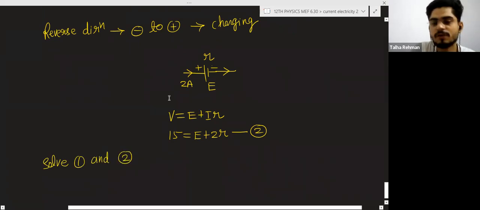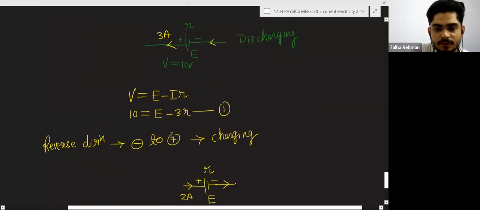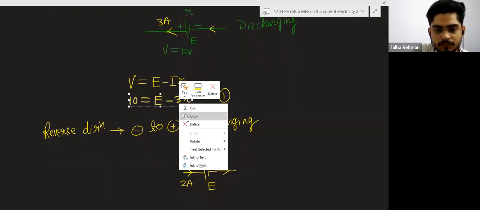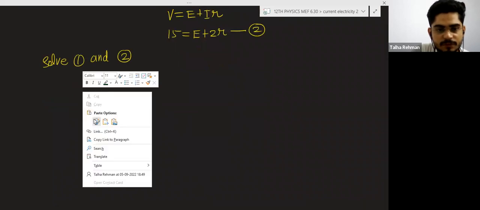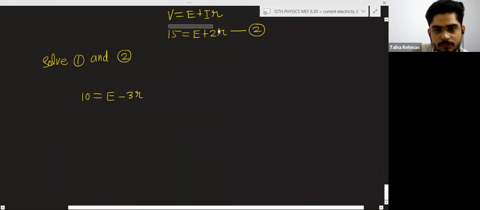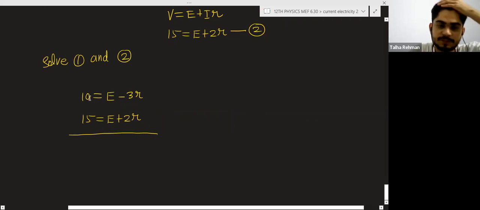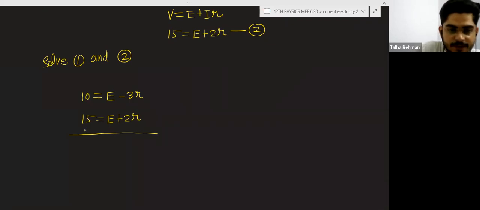So how will you solve these? This is equation number 1. This is equation number 2. Now you have to solve both of these. So what you should do is subtract both the equations. Subtract 10 minus 15 and you will get minus 5.